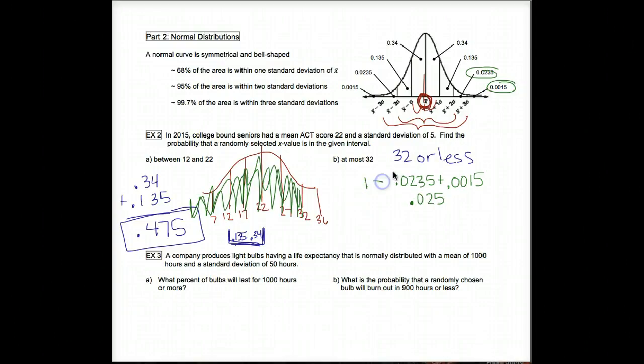So 1 is the whole, so it's 1 minus the 0.025, which means 0.975. So 97.5% of people score a 32 or less, which is most people. When you score better than a 32, that's obviously a really good score, puts you in a very small percentage of people. So the probability is 0.975.